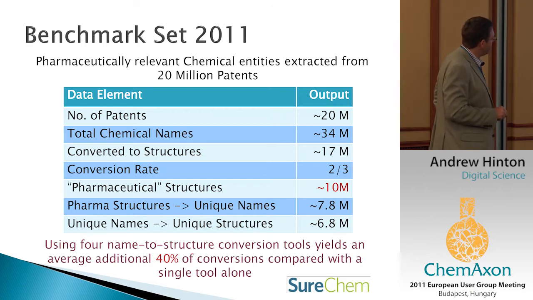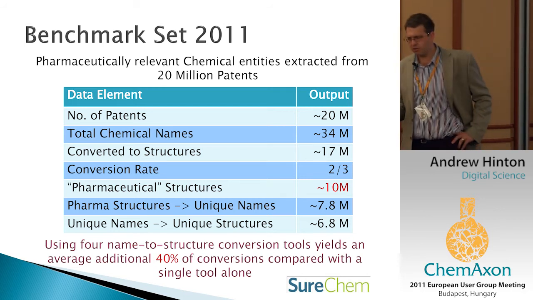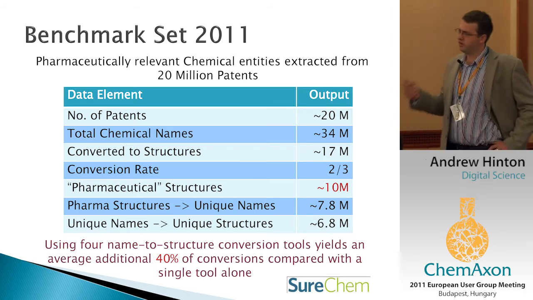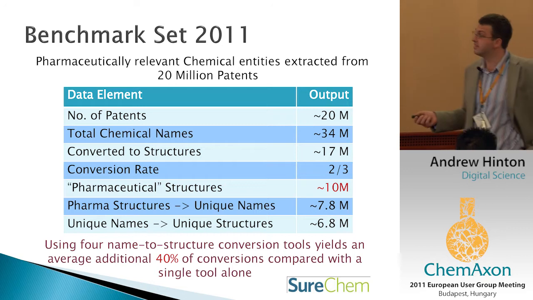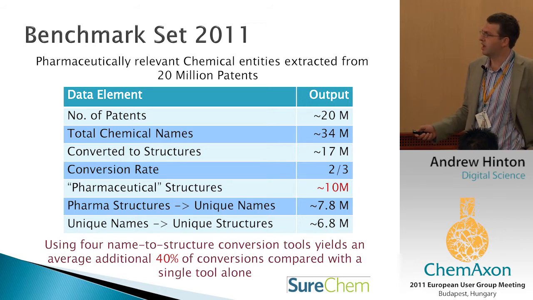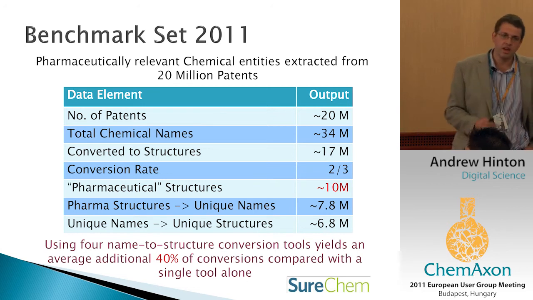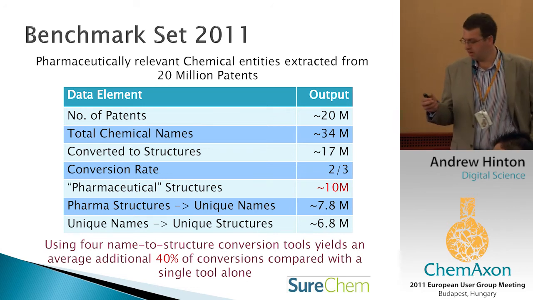And then once we looked to convert these structures, we were down to about 17 million. And we've subsequently sampled some data, and we think, on average, when we do a document-by-document analysis, we get about a two-thirds conversion rate from a given chemical name, we're able to convert it into a chemical structure using one or more different tools.